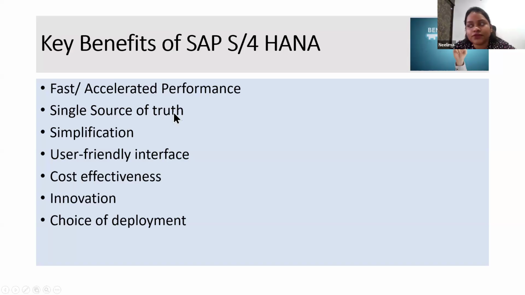Okay, and single source of truth is nothing but where we have the complete data which a company wants, so everything will be stored in one single system. Okay, and simplification is nothing but we just post the transaction, analyze it, immediately provide a report and take a decision.